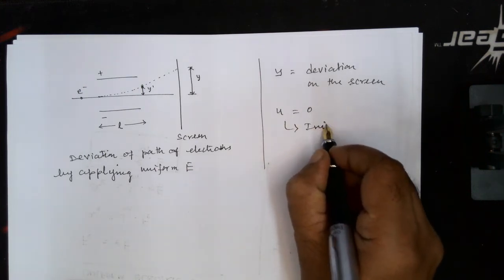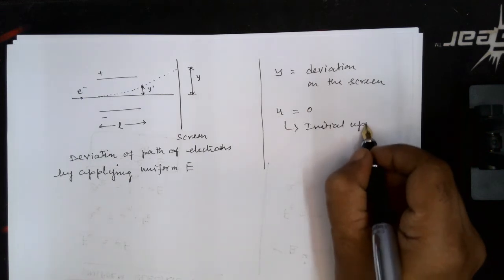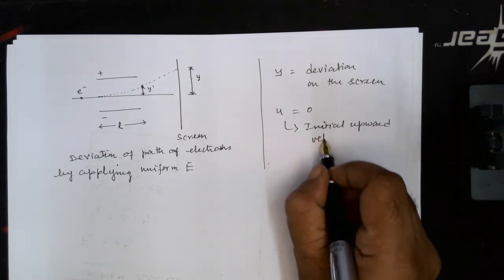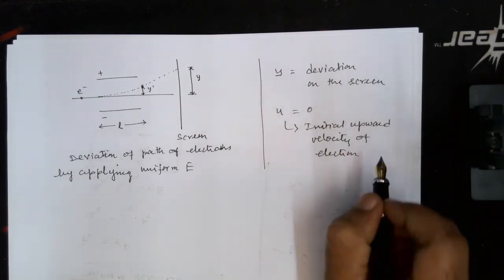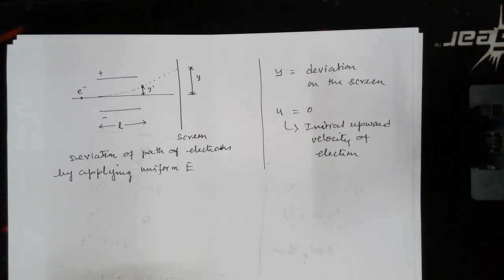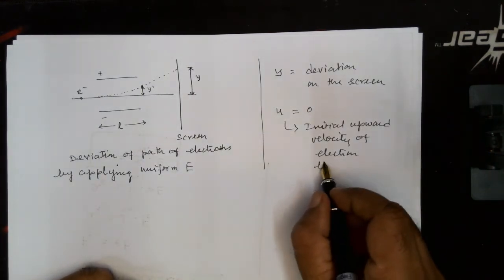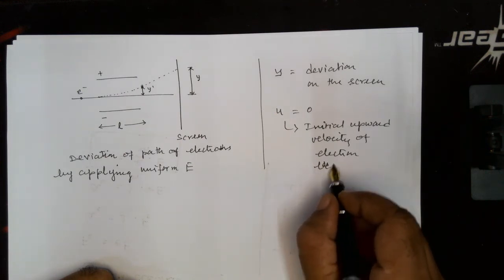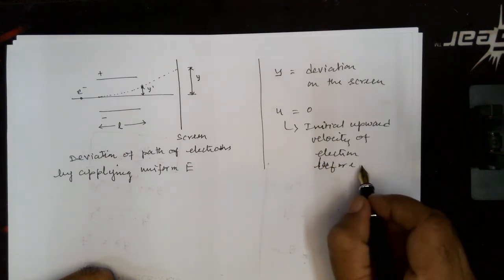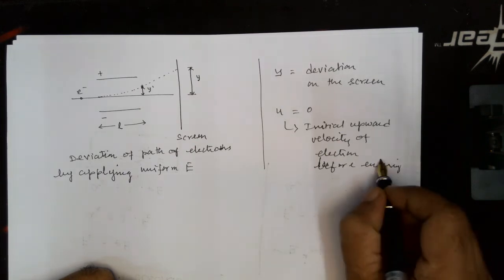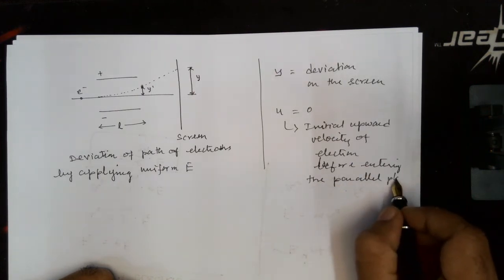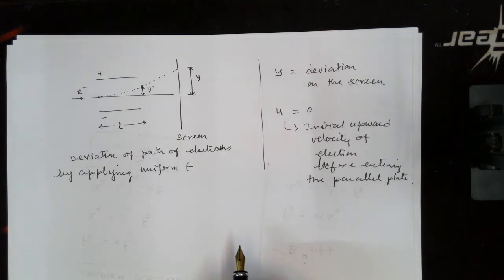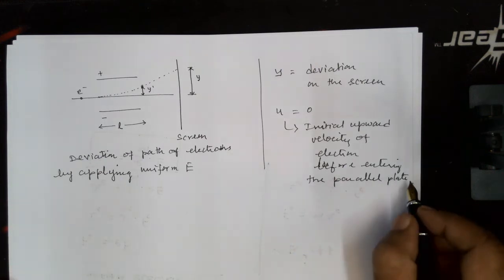Initial upward velocity of electron, right, before entering the parallel plates.